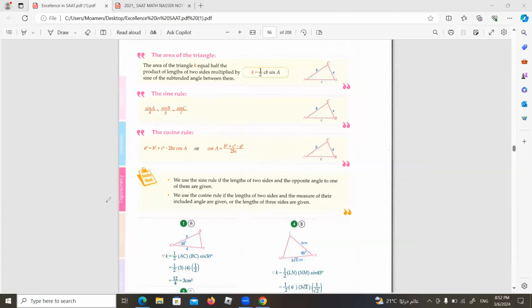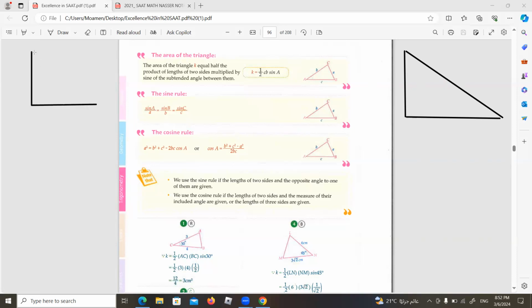Before going to the problems, I need to remind you of two famous triangles. We talked yesterday about famous triangles, but now another two. The two famous triangles are the 30-60 triangle and the 45-45 triangle.